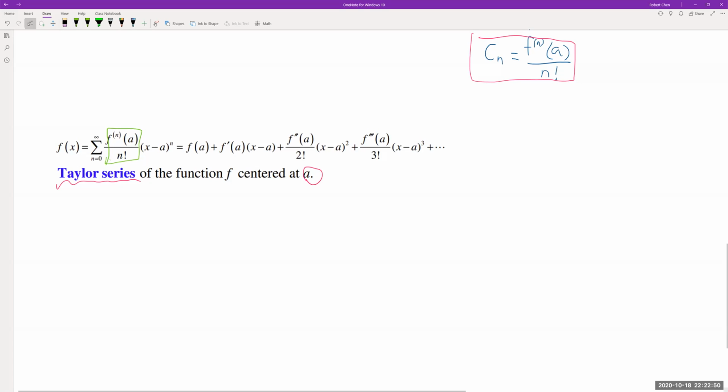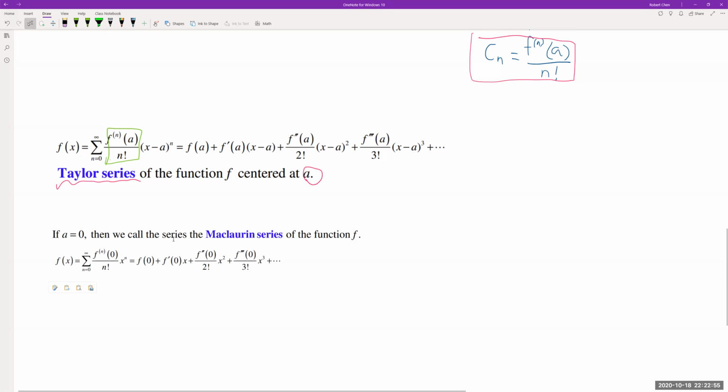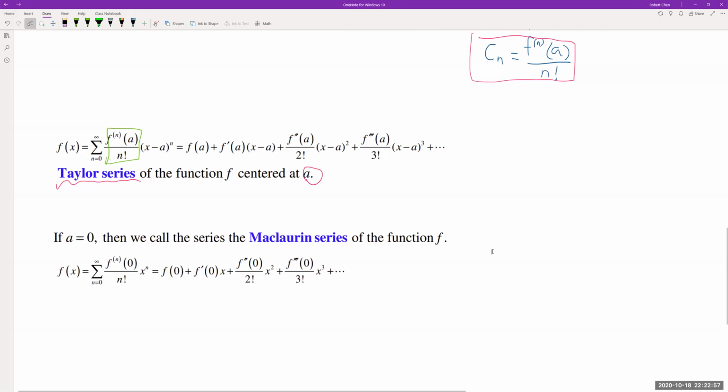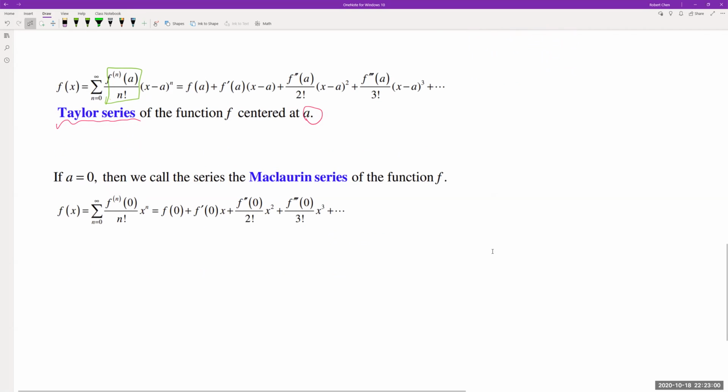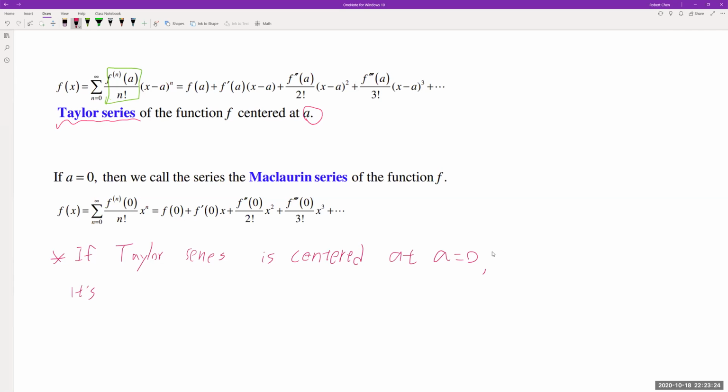Now, furthermore, we also have a Maclaurin series of the function f. So if a is equal to 0, then we call the series the Maclaurin series of the function f, right? Another way to say this is, if a Taylor series is centered at 0, at a equal to 0, it's called a Maclaurin series.